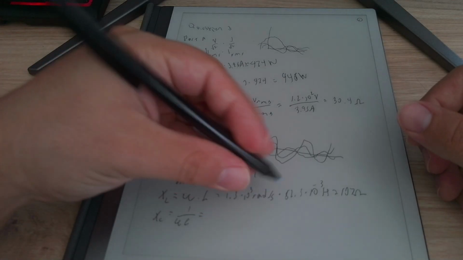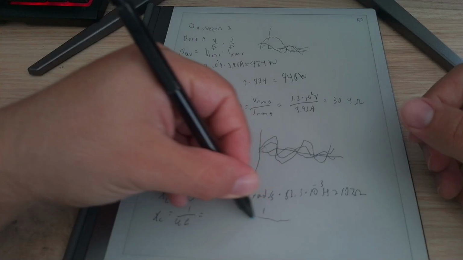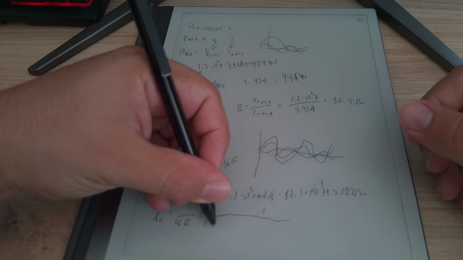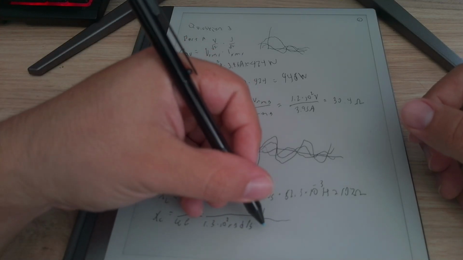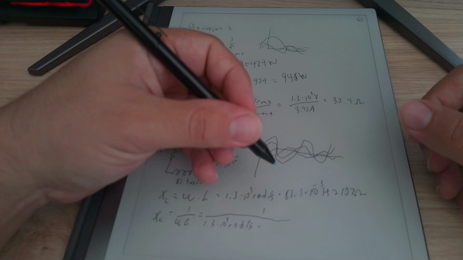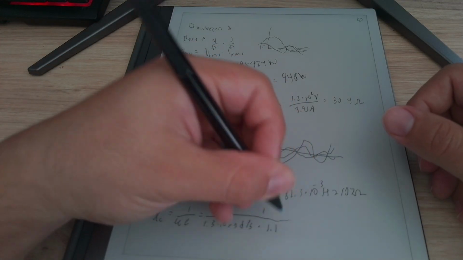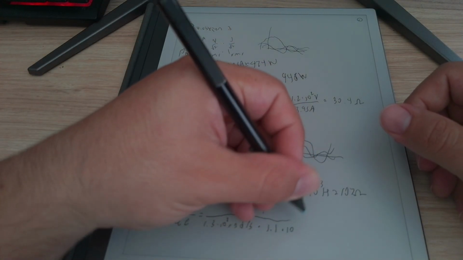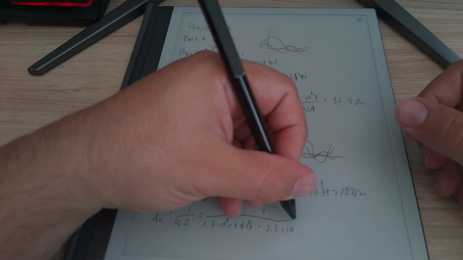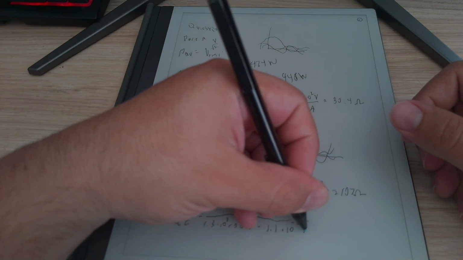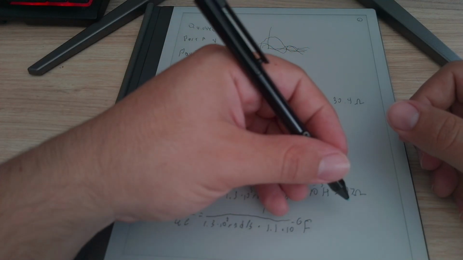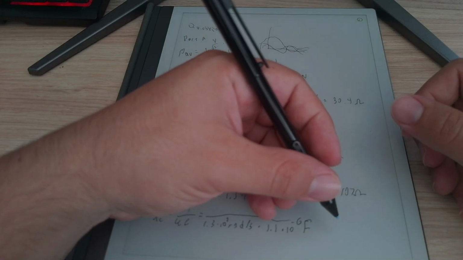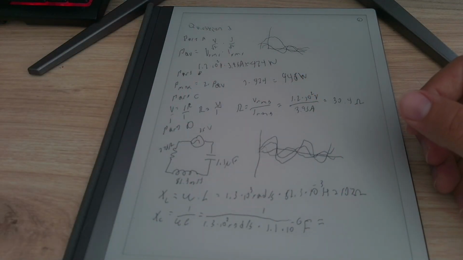So let me read 1 divided by the 1.3 times 10 to the third radians per second, multiplied by 1.1 times 10 to the negative 6 farad, just to keep things symmetrical, and we'll multiply that together.